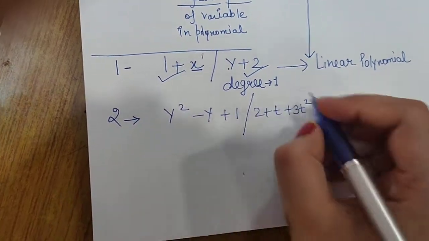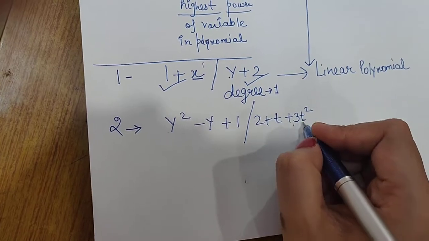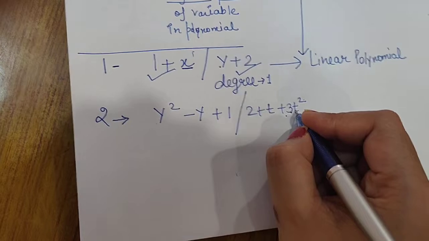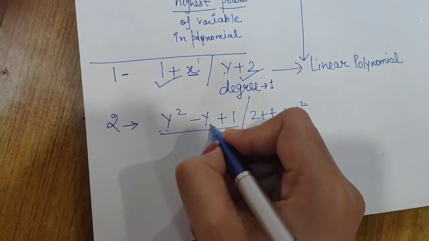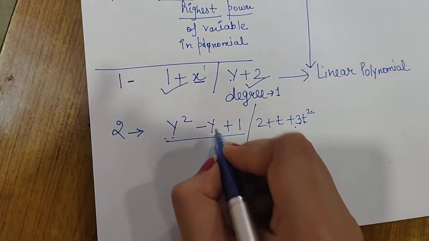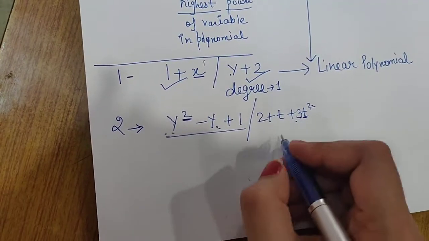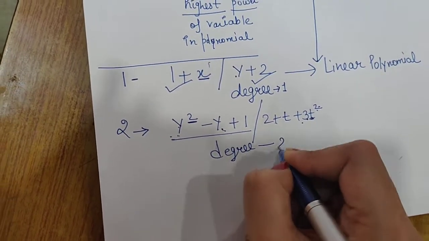Again I am repeating, you have to see just the power of the variable, not the constant which is multiplied with the variable, only the power of the variable. Here you can see in these two terms the variables are there, but the highest degree is 2. In this also the highest degree is 2. So the degree of this polynomial is 2.